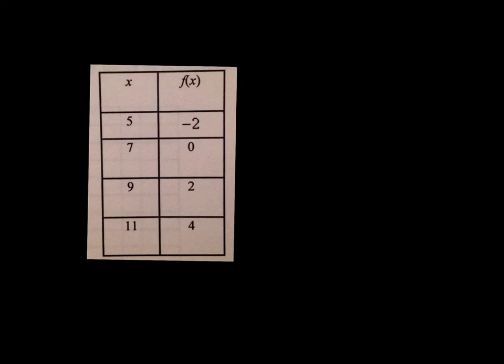Alright, last example. Writing the equation in y equals mx plus b form, finding the slope and the y-intercept. So the slope, let's see, change in y going up by 2, and up by 2. And the change in x, up by 2, and up by 2.